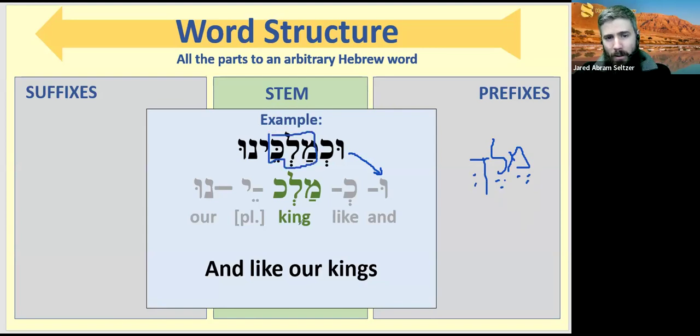Malk. Then enu, we get the a, which is plural, nu, which means it belongs to us. You put all five of those things together, and you get and like our kings. Four words to translate this. How about another example?